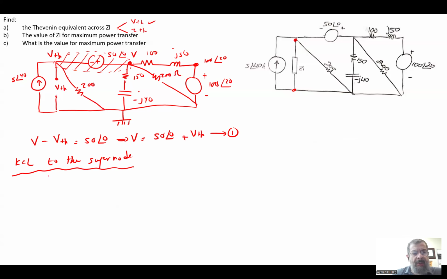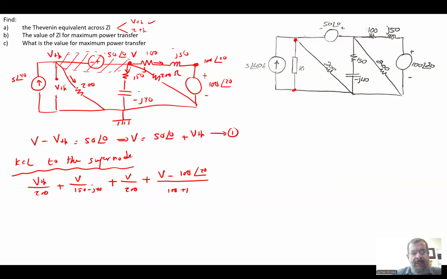So now KCL to the super node. V Thevenin divided by 200, which is this current going to the other side, plus V divided by 150 minus J40, plus the current in this direction, V divided by 200, plus the current in this direction, V minus 100 angle of 20 divided by 100 plus J50.